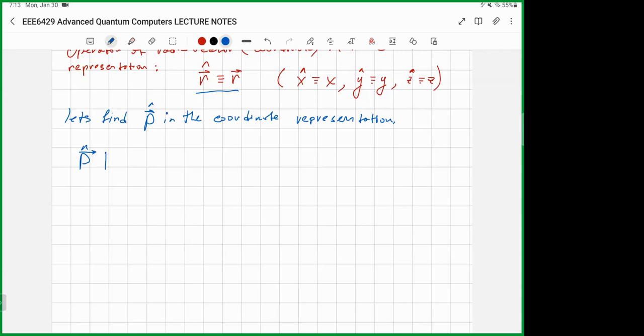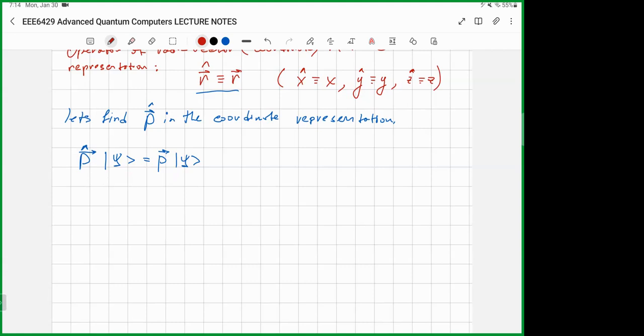We take this operator, act on a general psi function in this coordinate representation, and the solution must be eigenvalue times eigenstate. In this case, this is the operator P, this is the eigenvalue, and this is the eigenstate.